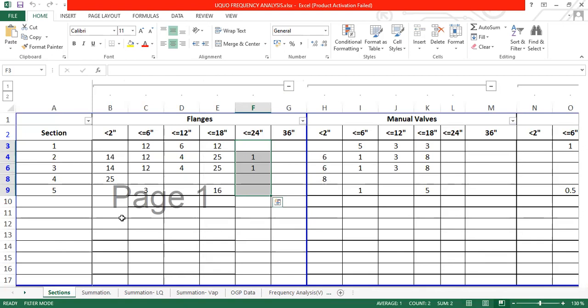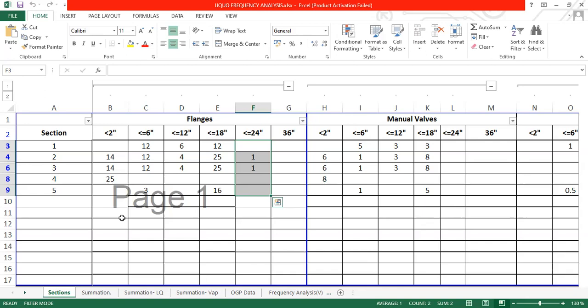Typically the isolatable sections you use for your frequency and consequence analysis are usually similar to the nodes used for the hazard analysis. So you don't want to count all the manual valves in the full design. You want to break them up, because you're trying to look at consequences from different areas of a design. You're not looking at it as one design. That's the other thing I just wanted to point out to you.